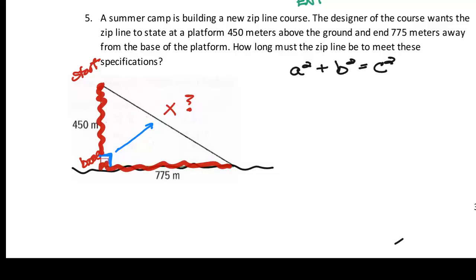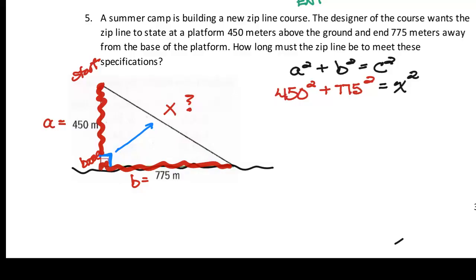So I'm going to let A be equal to 450 and B is 775. So we're talking big numbers here. 450 squared plus 775 squared equals, my C is now X. And you could have left it as C. That was not a big deal.